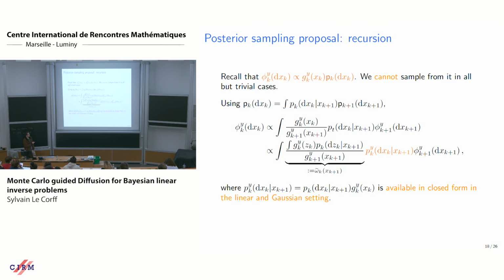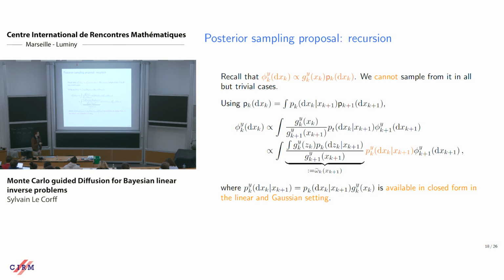Here are transition kernels that we're going to use within an SMC procedure, as Nicola explained this morning and yesterday. And here there is a weight, which is usually hard. So if you don't make any assumption on the G, it's something that you cannot compute. So you're going to add on top of everything the fact that this quantity cannot be evaluated. But in our case, as we can use Gaussian conjugacy, these quantities will be available in closed form.